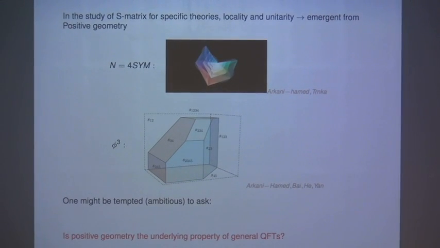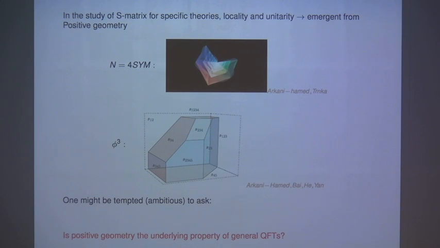So in the study of the S-matrix for particular theories, recently we've realized that the notion of locality and unitarity has become really an emergent property. And it's been transcended by something that is more primitive, more fundamental in this case, which is the notion of positive geometry.